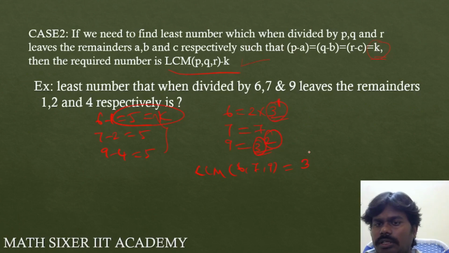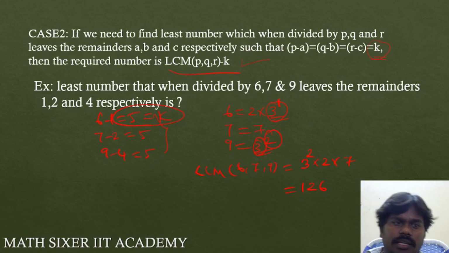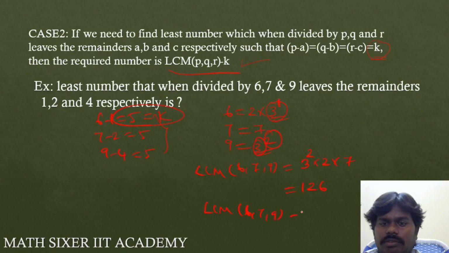So 3 squared, and the remaining factors are 2 and also 7. 3 3s are 9 and 9 2s are 18. 18 into 7 is 126. So 126 is the LCM of the numbers, and now we have to subtract the constant from the number. So the LCM of 6, 7, 9 is 126, minus K, so minus 5, which means 121. So 121 is our required answer for this question.